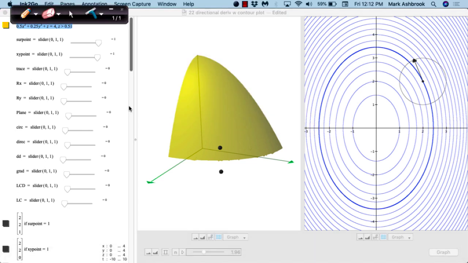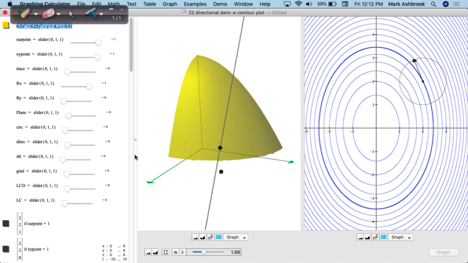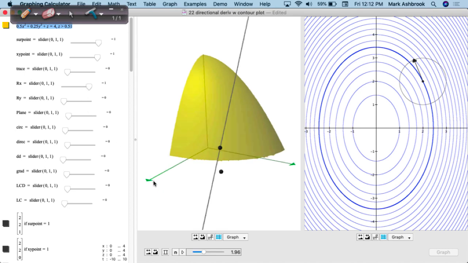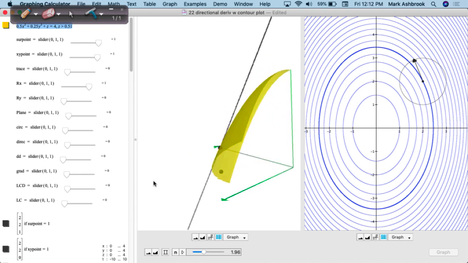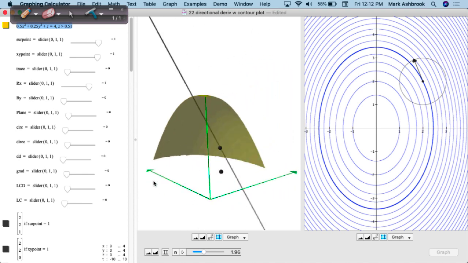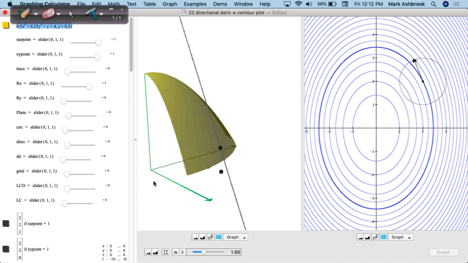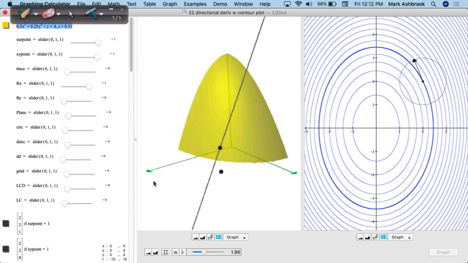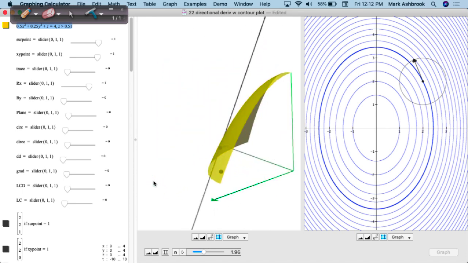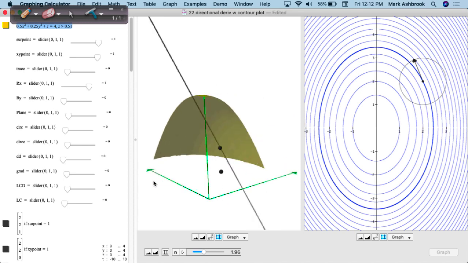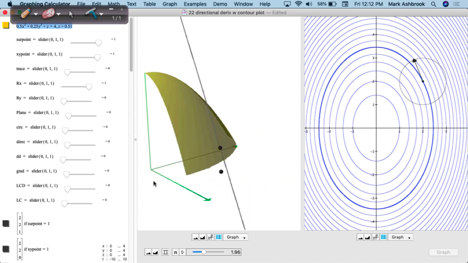Okay, so now I want to look at this. What I'm showing here is a line that's tangent to the surface in the x direction. So your next task is to write the equation of this line.